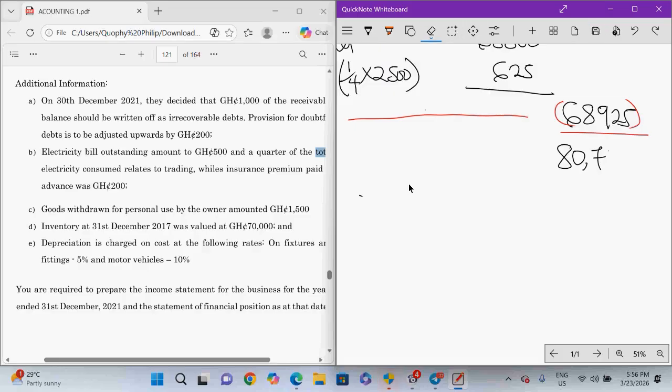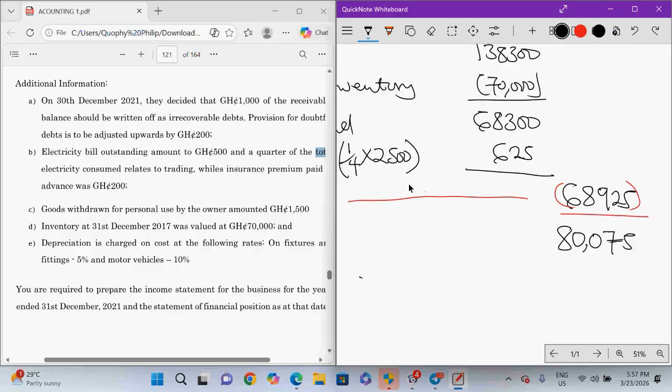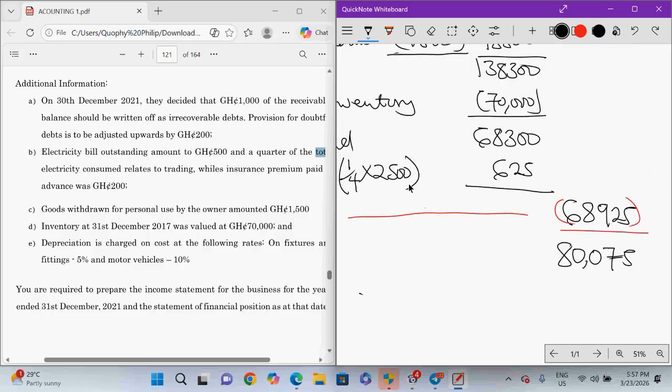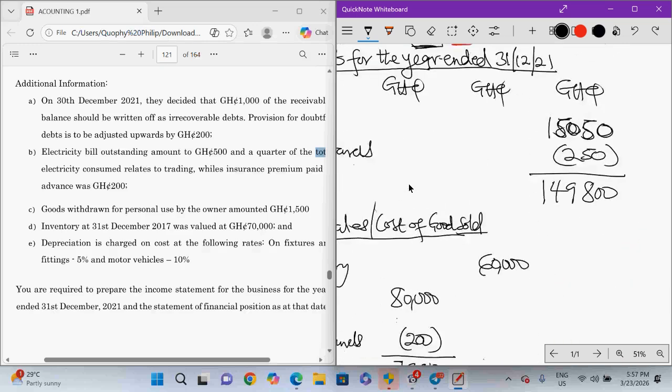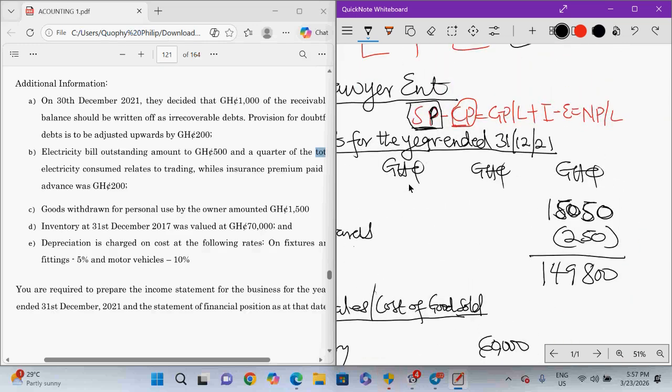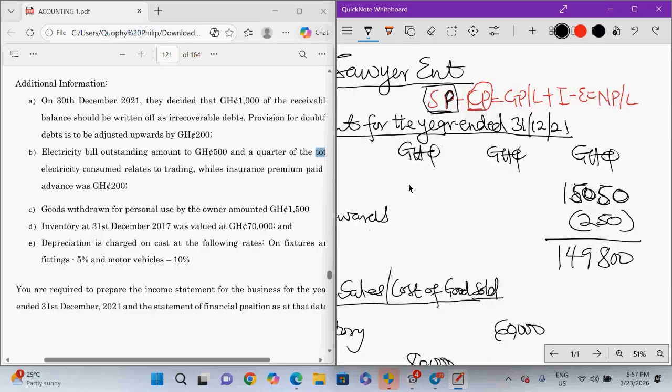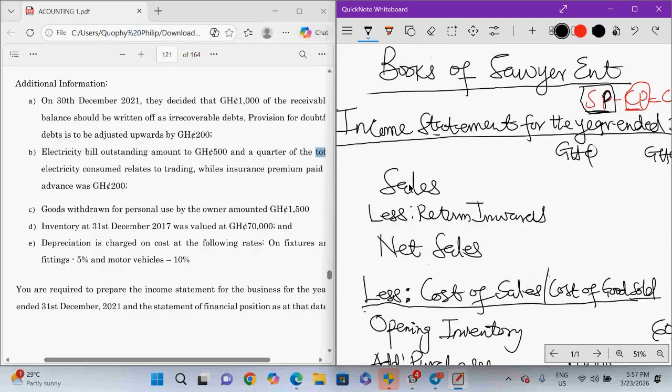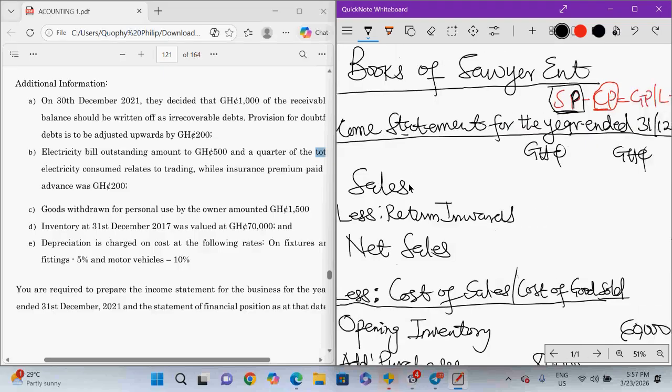Someone was trying to speak. I wanted to know what we are adding to the cost of sales. No, we are deducting the cost of sales figure from the selling price, from the net sales. This is the net sales. Okay, you are deducting it.